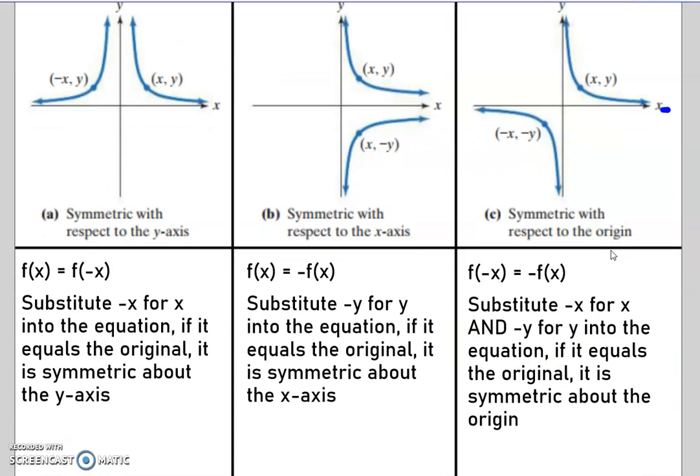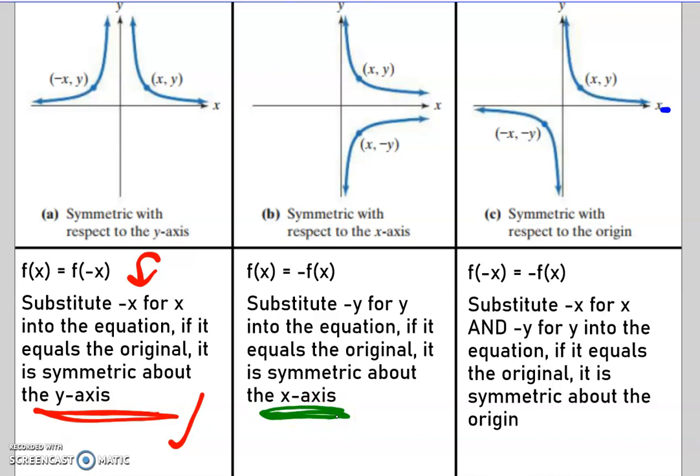And here are some rules. When you want to test, and you want to make sure you have this in your notes very, very clearly, when you want to test something is symmetric about the y-axis, how do you do it? What you need to do is substitute negative x in for x and simplify the equation, and if it equals the original, then hey, it's y-axis symmetric, okay? If I want to test something is x-axis symmetric, what do I need to do?